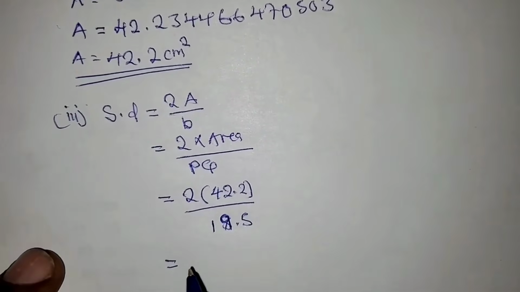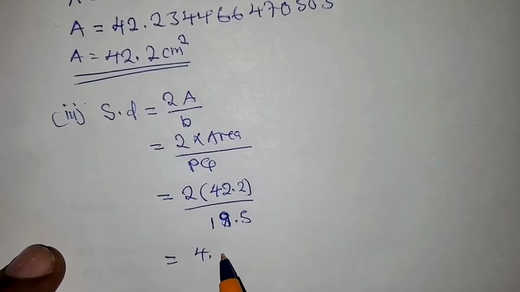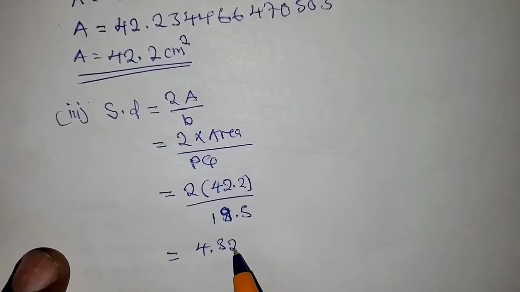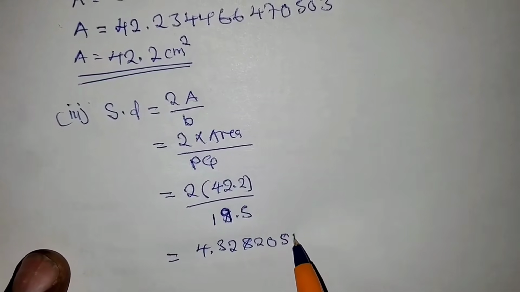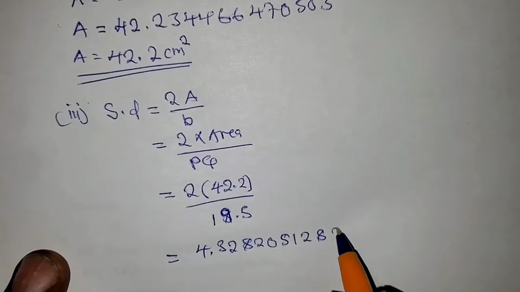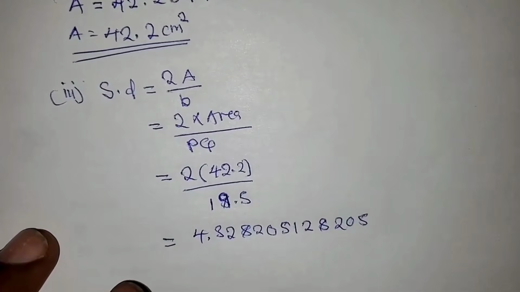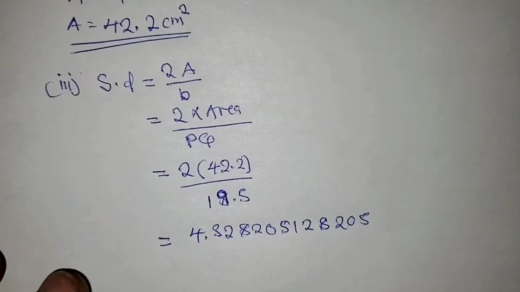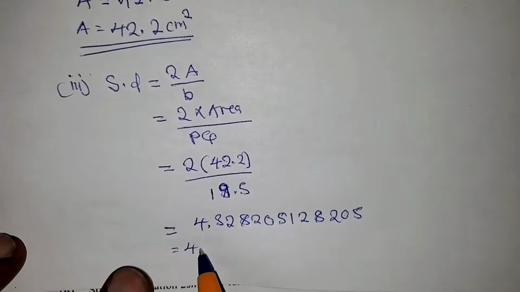So it's giving me 4.328205. So when you round this off to 3 significant figures, it's going to be 4 point.